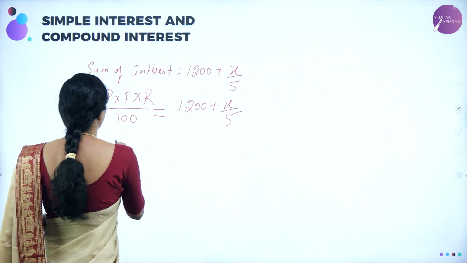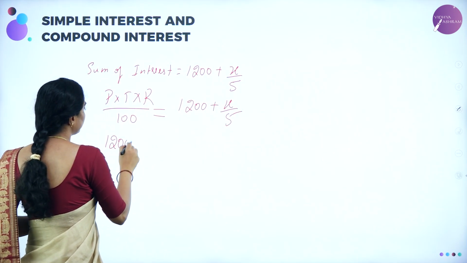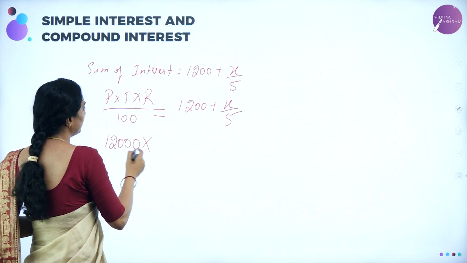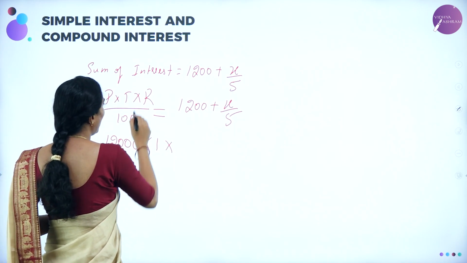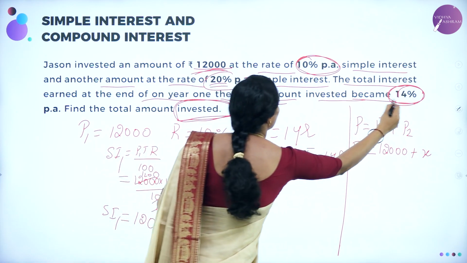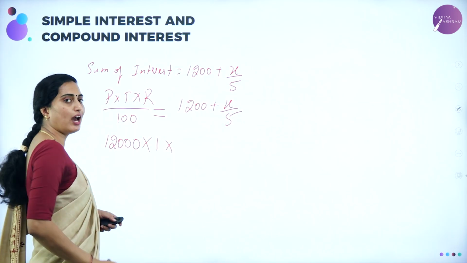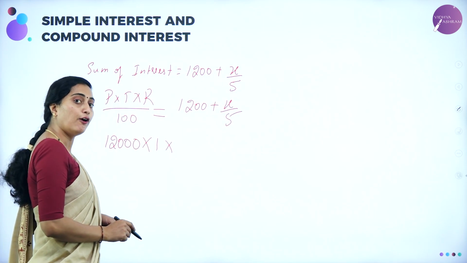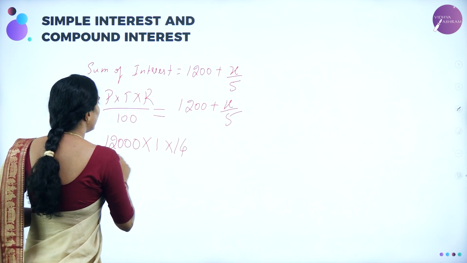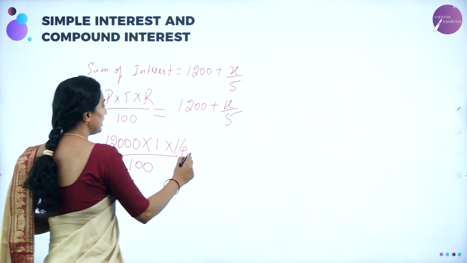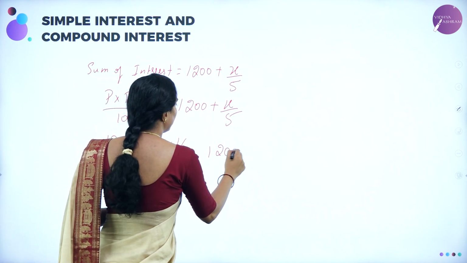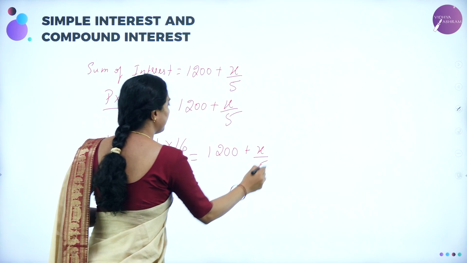Therefore, we can have 12,000 into T is 1 year, into R is increased to 14%. Therefore, 12,000 of the same amount, T is 1, and the rate of interest was increased to 14%. So 14 divided by 100 is equal to 1,200 plus X divided by 5.